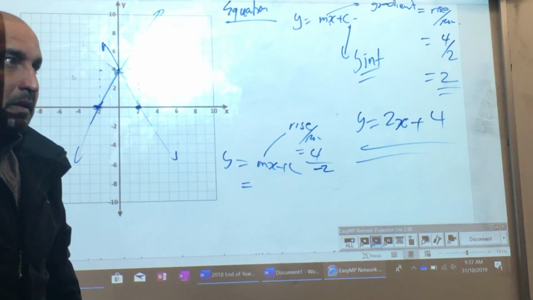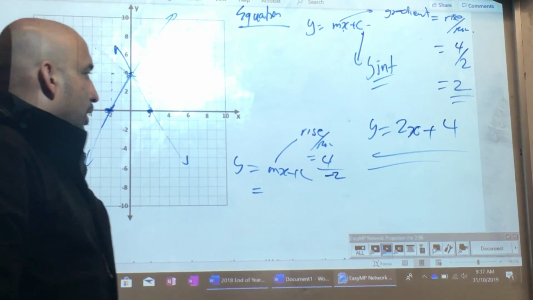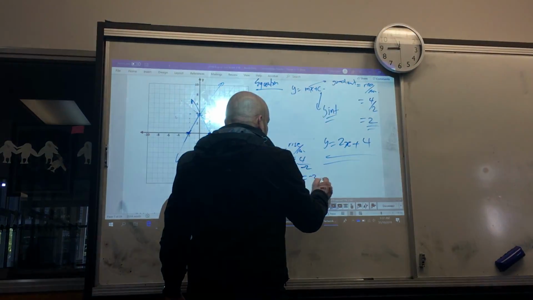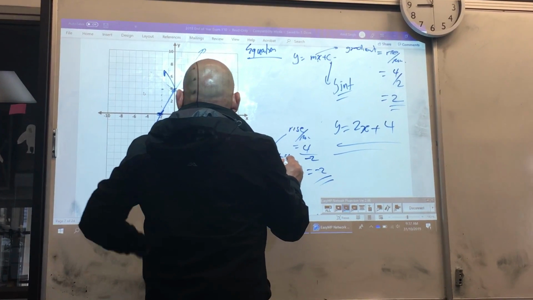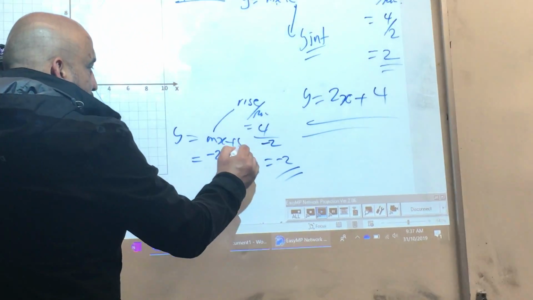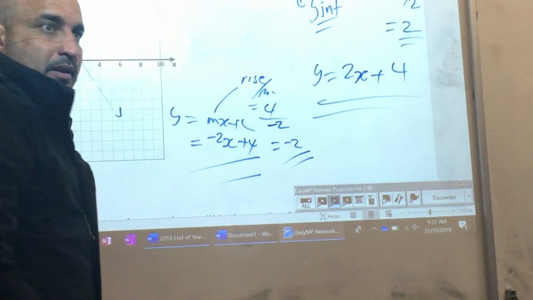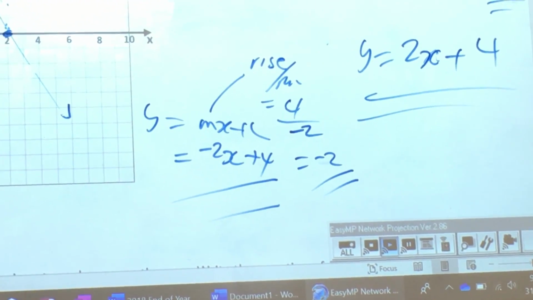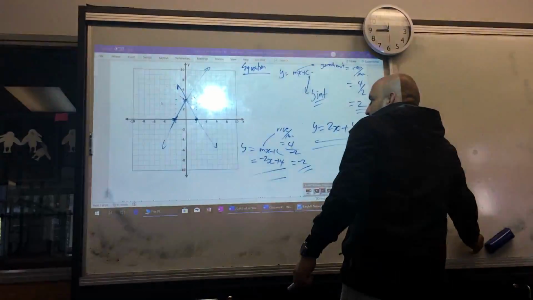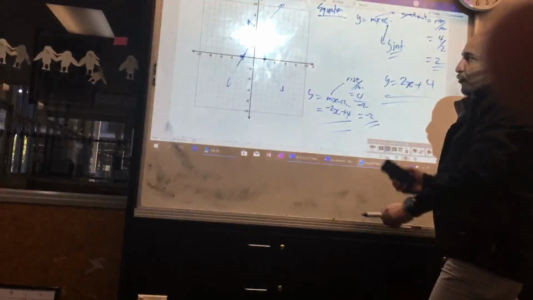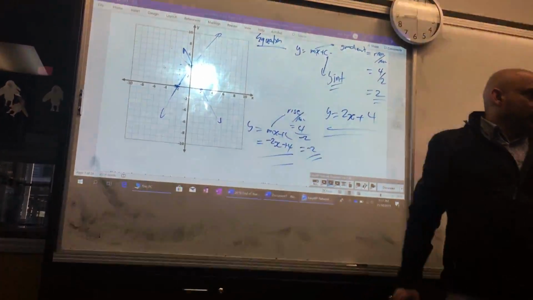So this will be minus 2. So 4 divided by negative 2 is negative 2, and so the gradient is negative 2x. What's my c? C is again my y-intercept, which is plus 4. Cool? That's from the graph to the equation.